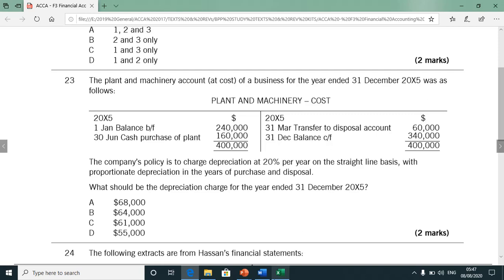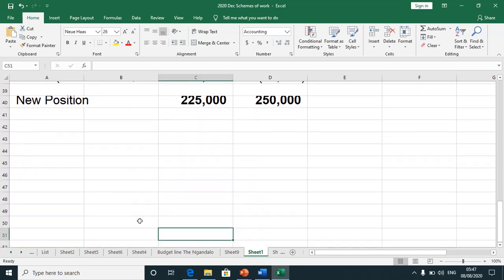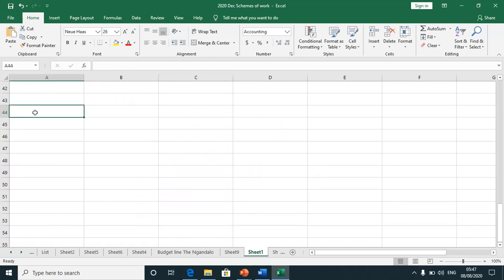So it's a nice question, and of course we're supposed to be dealing with question 23 if I'm not mistaken. Depreciation. I want to just state that this should be an easy bit.